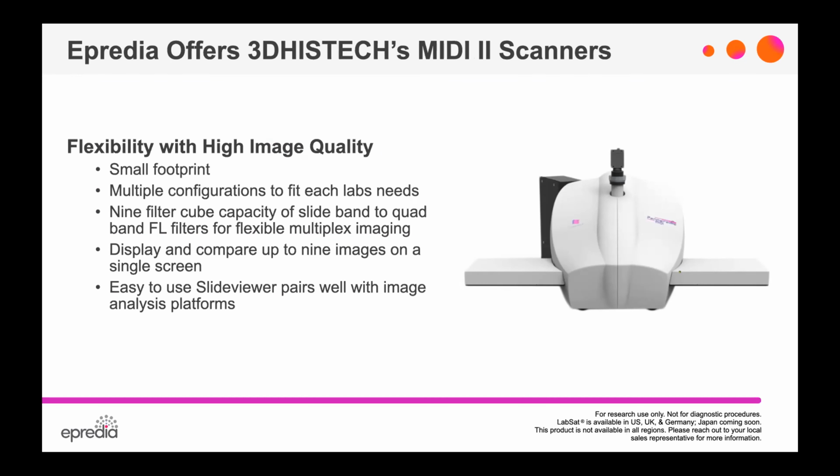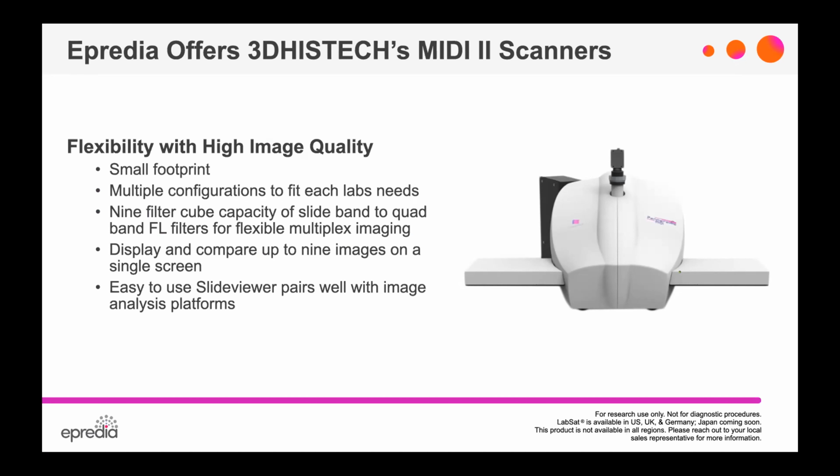These instruments, the MIDI-2, come in multiple configurations. They're a small footprint for a good laboratory space. You're allowed to select 1 or 2 objectives on these instruments, actually 3 different objectives now, a 10x, 20x, 40x. And with camera adapters, you're able to expand those up to 96x native resolution before you do any digital enhancements, based on the cameras and the lenses on the optical pathway down into the sample here.